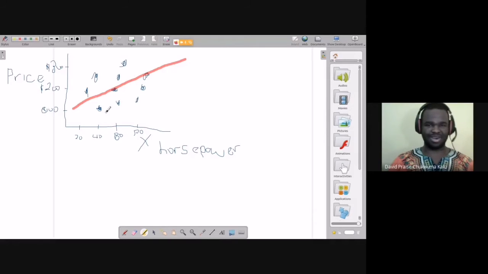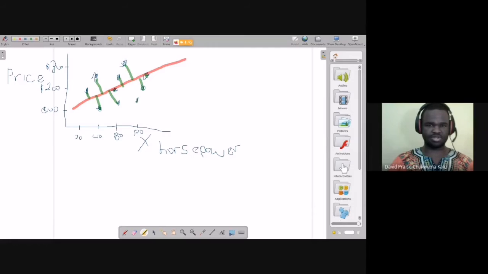There could be a better line, where the distance between this point and the line, I'll use a different color, so the green will be the distance from this data point to this line, this data point to this line, this data point to this line, which is the sum of squared errors.